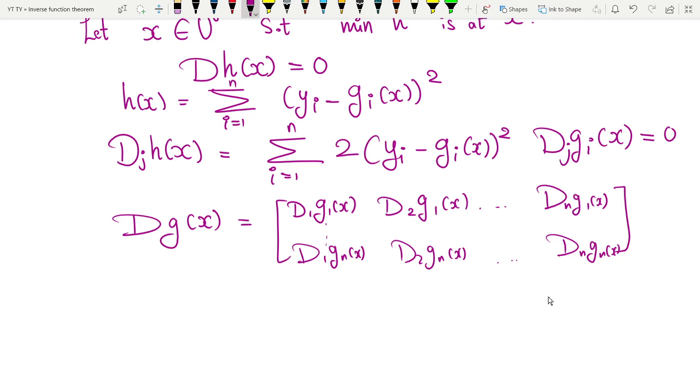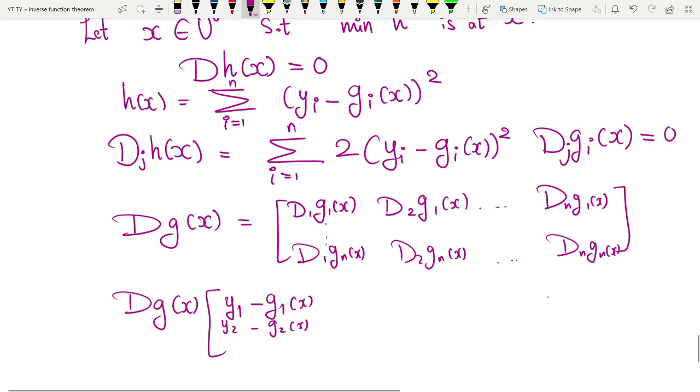We know the derivative of g would look like this. If I multiply this dg of x with a column matrix y1 minus g1(x), y2 minus g2(x), and so on up to yn minus gn(x). One more thing: over here the square should not come if I take the derivative.